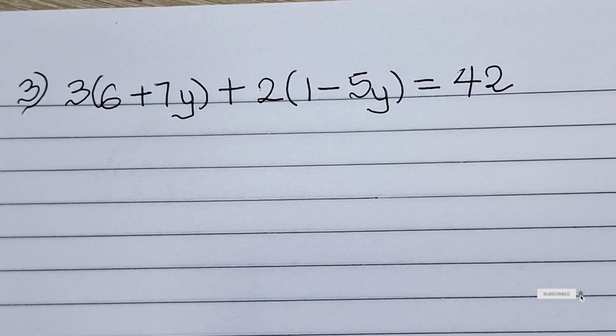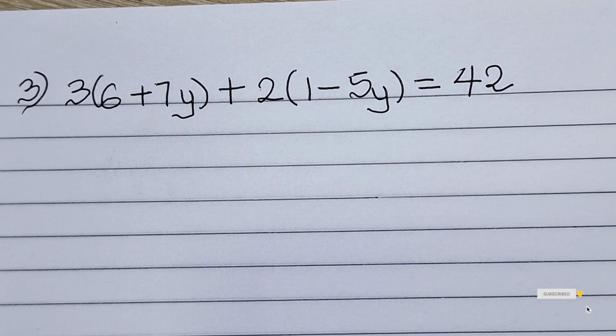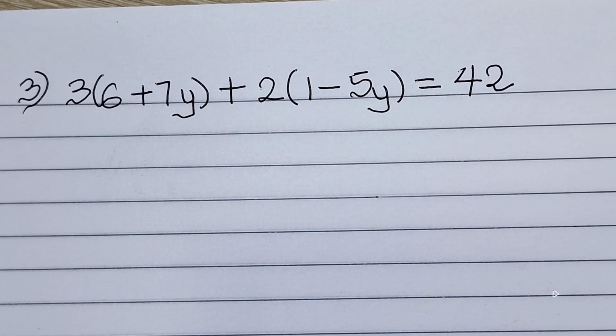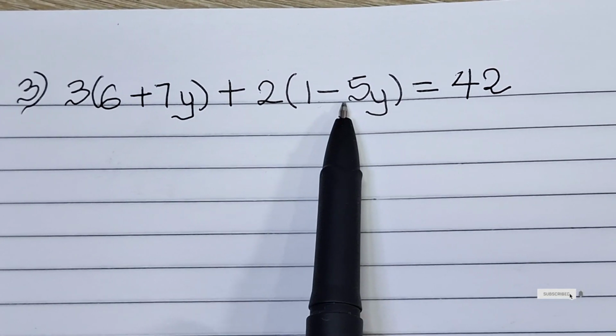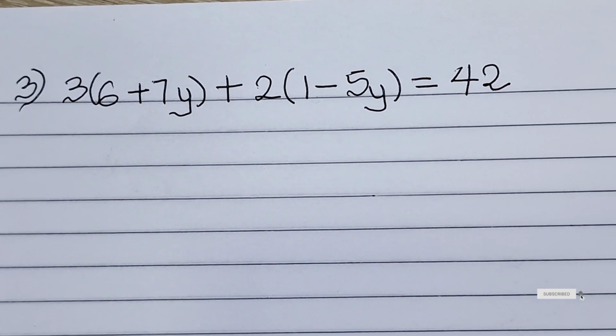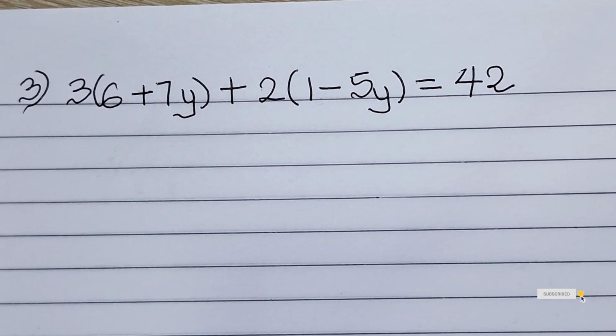All right, here is our example 3. It says 3 open bracket 6 plus 7y close your bracket plus 2 open bracket 1 minus 5y close your bracket equal to 42. First thing, check if you can simplify. No, you can't. Then you open up with the number outside the brackets.